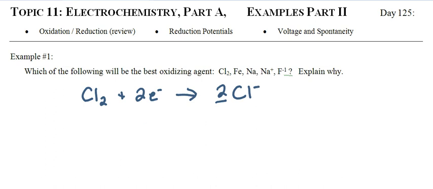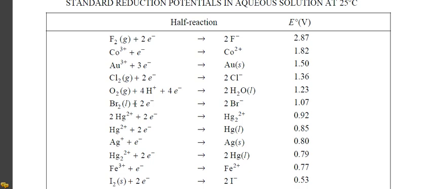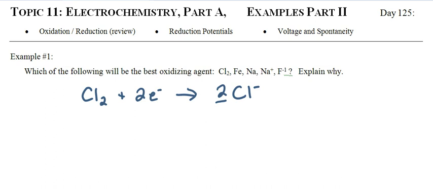From our standard reduction potential sheet, we look for chlorine, which is right here, the fourth one. When chlorine gas is reduced to chloride ions, it has a positive 1.36 voltage. So we're actually starting off pretty well here. Now, the best oxidizing agent, or the best thing that's reduced, will have the highest voltage.